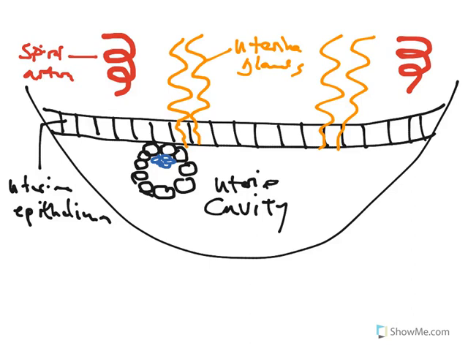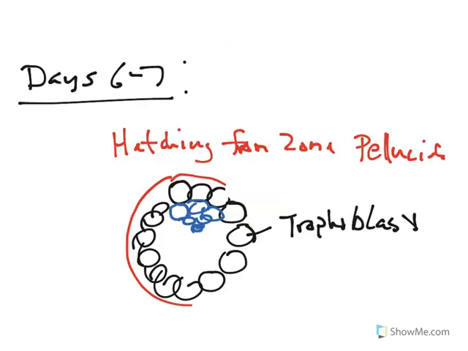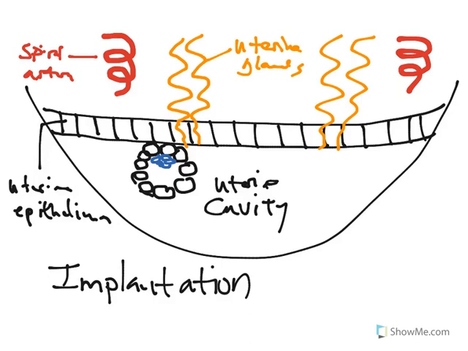And as it implants, the uterine glands extend here, and the spiral arteries supply all the nutrients early on, and eventually the umbilical cord is going to form, things like that. But this is the process of implantation and how that happens. So implantation can occur after the hatching on day 6 to 7 from the zona pellucida, exposing the trophoblast surface so it can actually bind to uterine epithelium. Apologize for the crudeness of some of my drawing here.